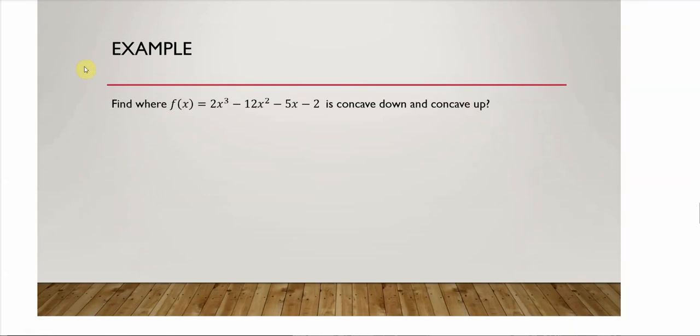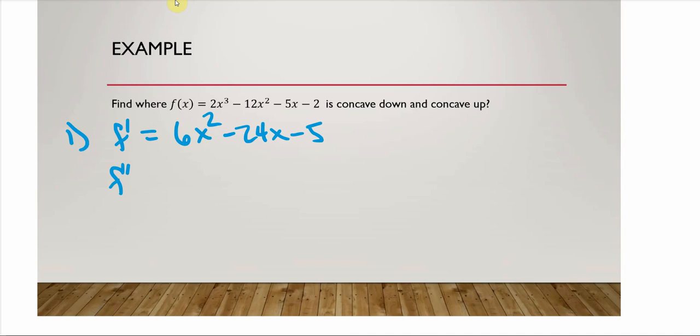All right? So what we're going to do is we're going to find where the function is concave up and concave down. So the first step is to find f prime. What is f prime? f prime is going to be 6x squared minus 24x minus 5. Then I'm going to find f double prime. That's my second step. f double prime is going to be 12x minus 24.